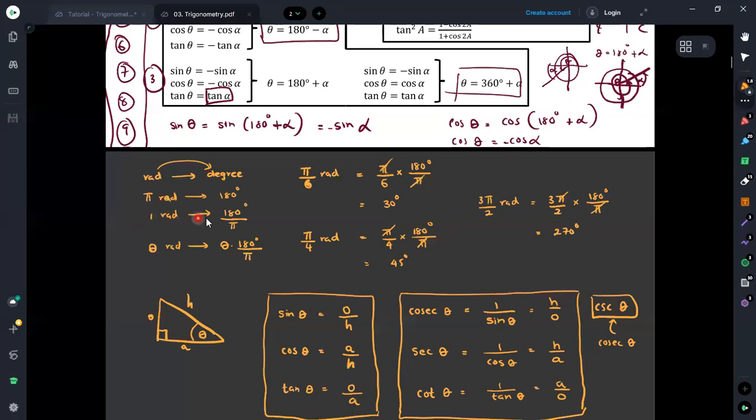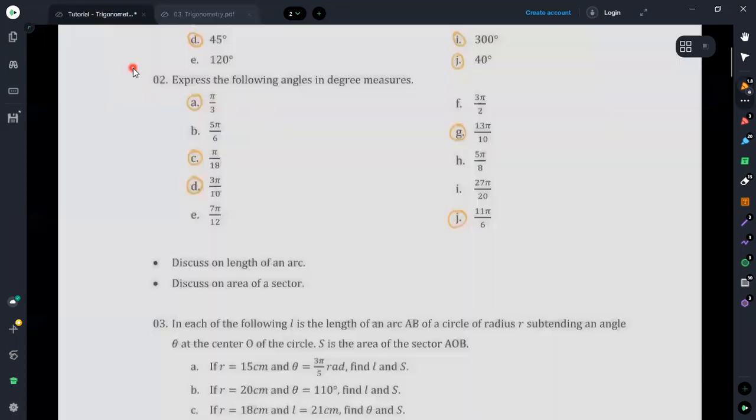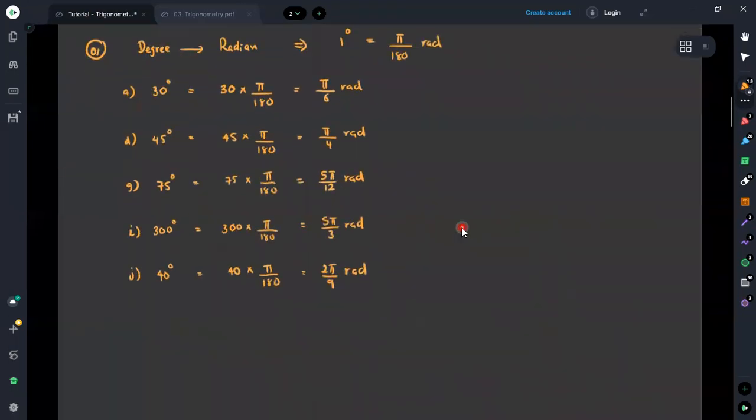Therefore, 1 radian is equivalent to 180 degrees divided by π. Then we can use this conversion for radian to degree measures.